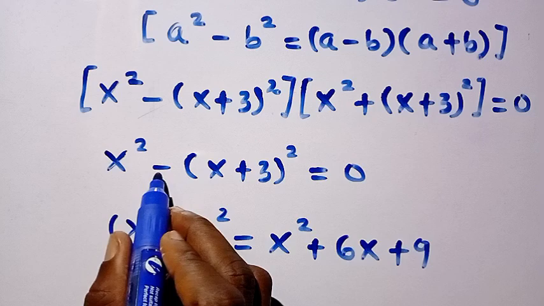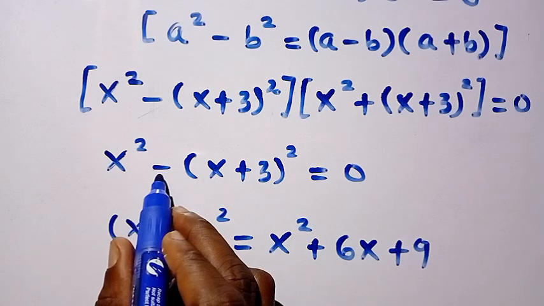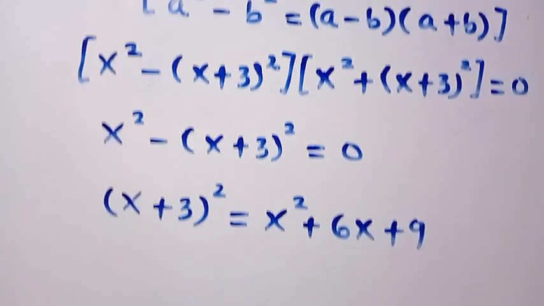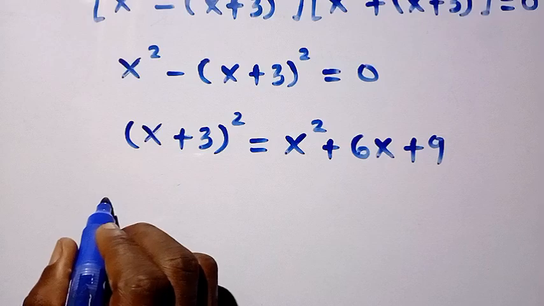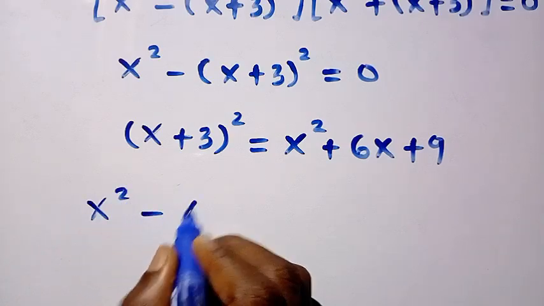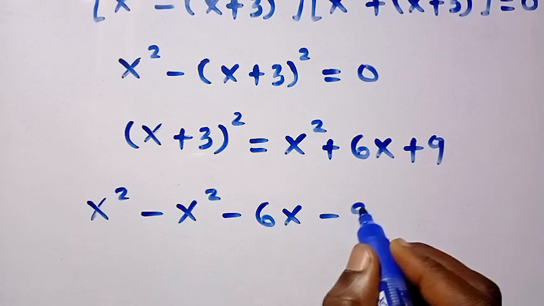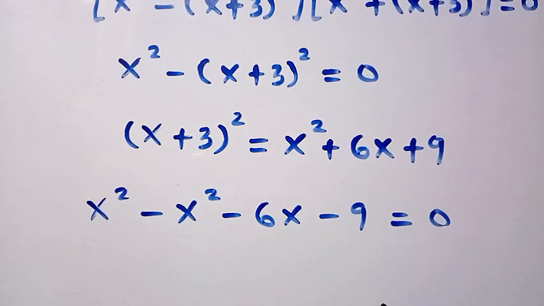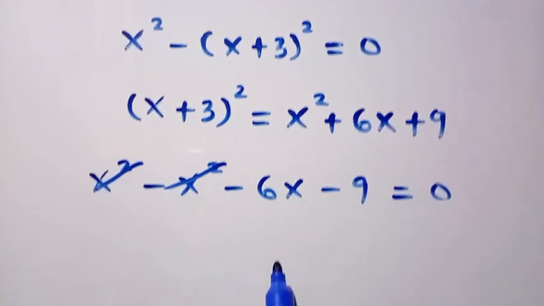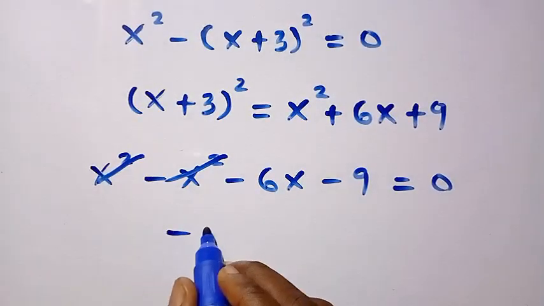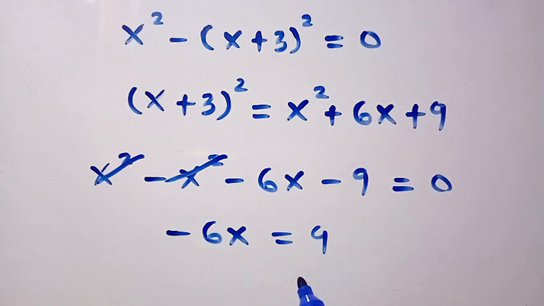And there is a negative here, which means the negative will affect everything. All are positive, and when the negative opens everything, they all become negative. Therefore, we have x^2 - x^2 - 6x - 9 = 0. The x^2 cancels x^2, and we have -6x = 9.